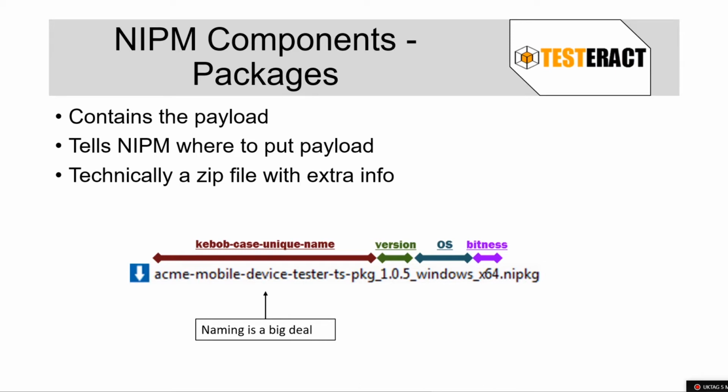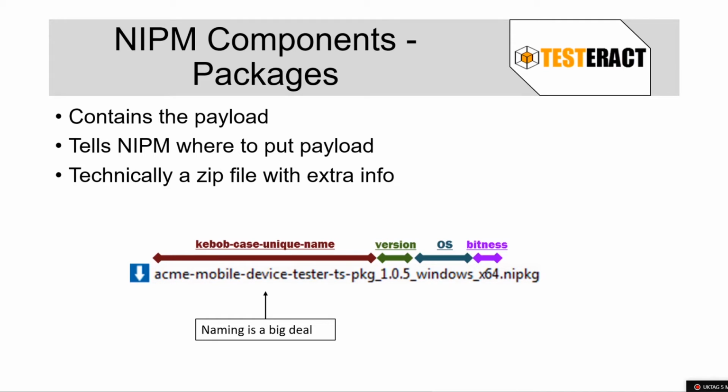That's very key because it has to be unique for every package. Then you have underscores separating the different parts of your package name, and you have your version, then your operating system, and then your bitness. The bitness is not necessarily the bitness of the contents of the package. It's the bitness of Package Manager that it works on. So just be aware of that.